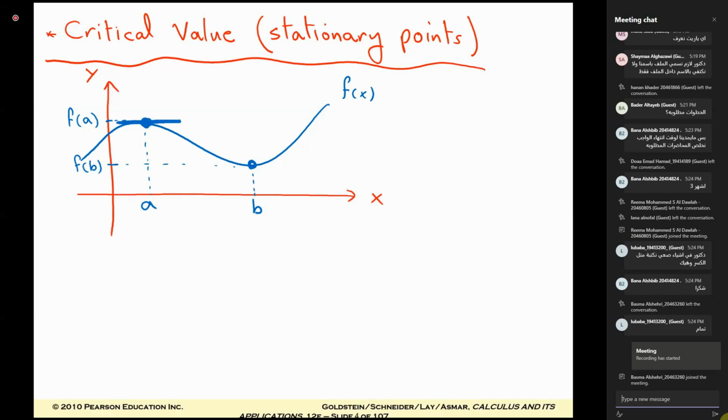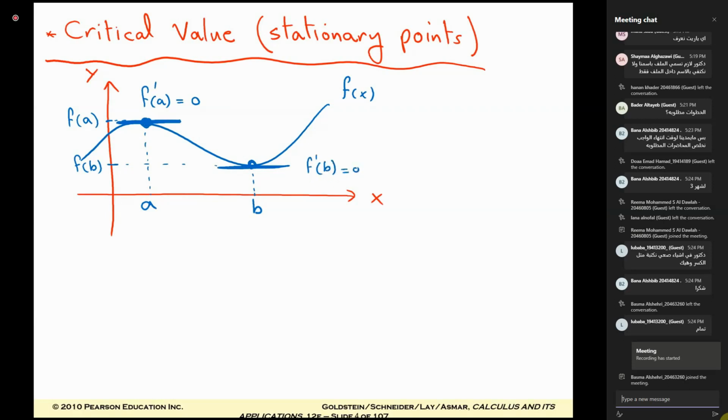Look at this: f prime at a equals 0, because we have a horizontal tangent line, so the slope is 0. The slope equals f prime. So f prime of a equals 0. Also here, f prime of b equals 0.